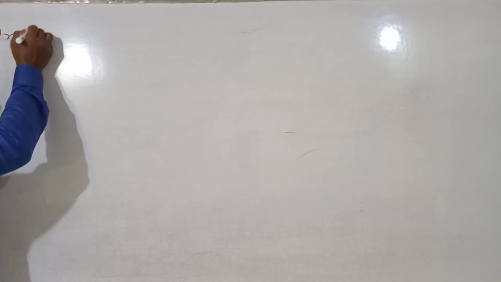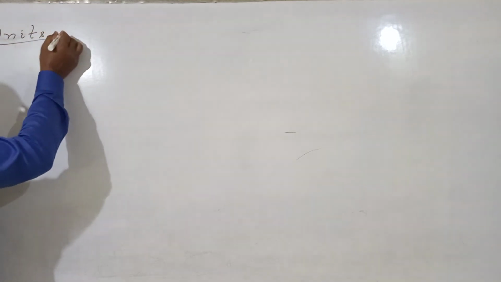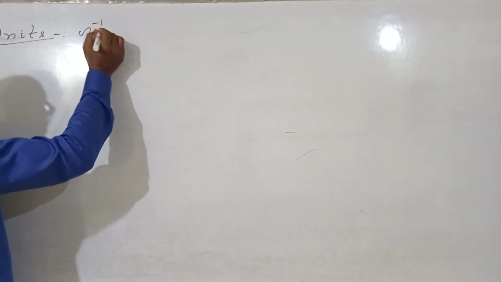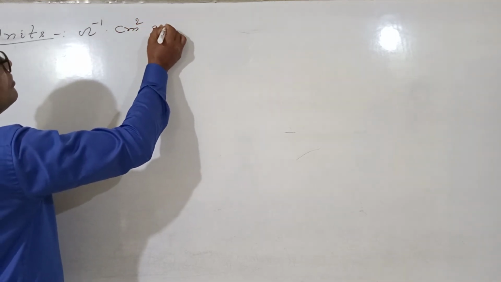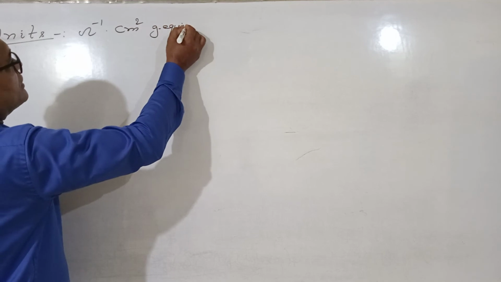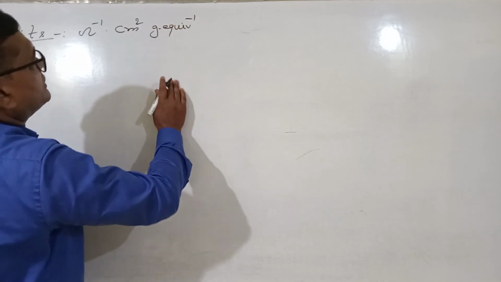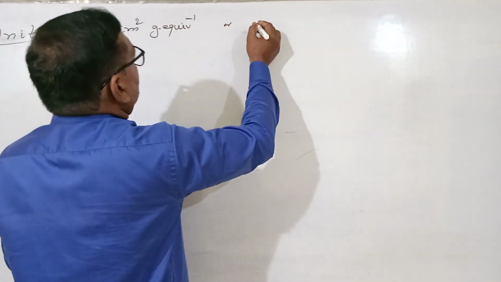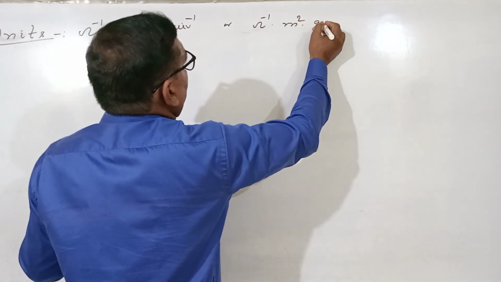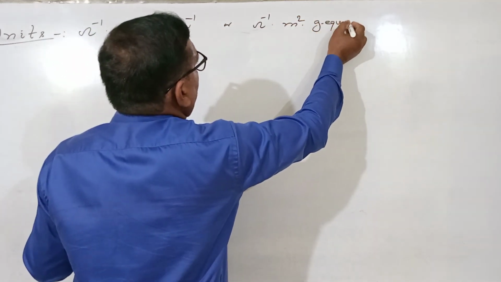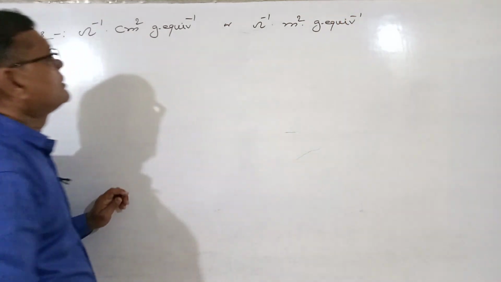Now we write the unit of equivalent conductivity: ohm inverse cm square gram equivalent inverse, and ohm inverse meter square gram equivalent inverse.